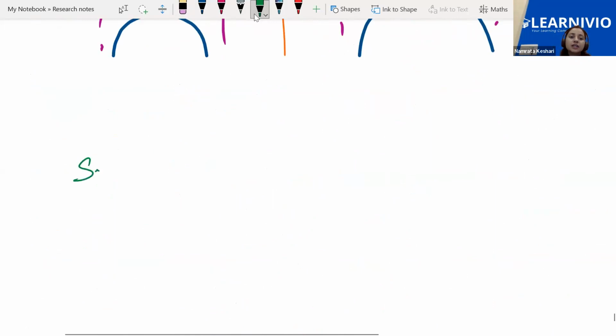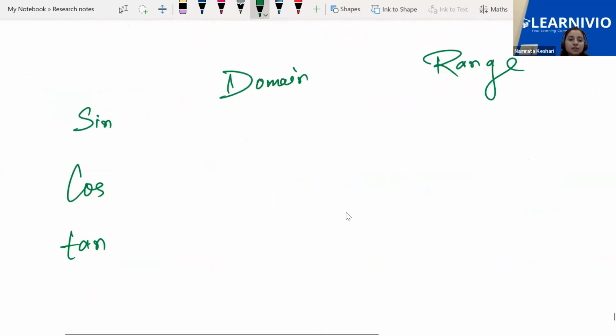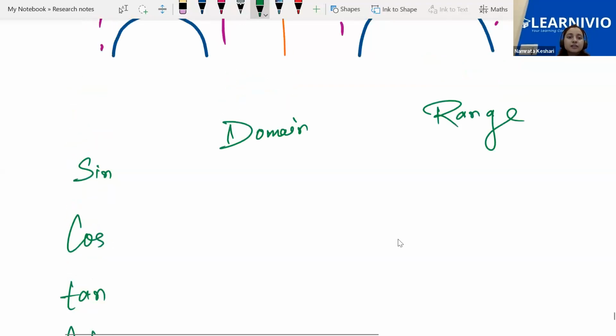Sine theta, cos theta, tan theta, cot, cosec, and sec: domain, range. Sine, domain is all real number, range is -1 to 1.